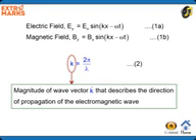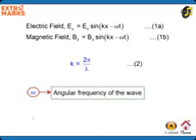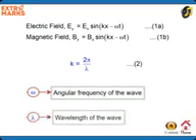Here, electric field Ey is equal to E0 sin(kx − ωt), and magnetic field Bz is equal to B0 sin(kx − ωt), where k gives the magnitude of wave vector k, ω gives the angular frequency of the wave, and λ gives the wavelength of the wave.